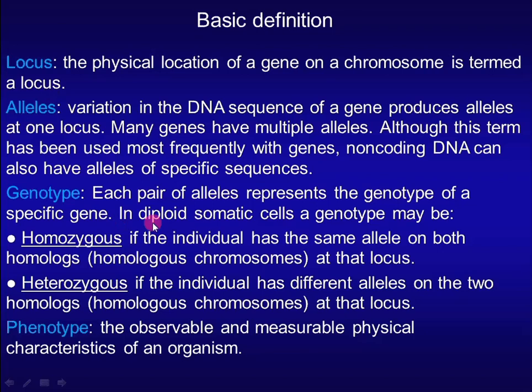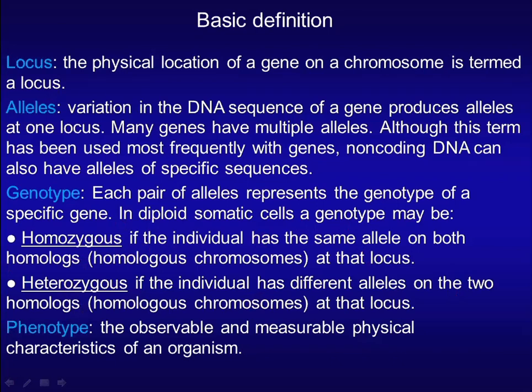In diploid somatic cells, a genotype may be homozygous if the individual has the same allele on both homologs at that locus. And a genotype could be heterozygous if the individual has 2 different alleles on the 2 homologs.